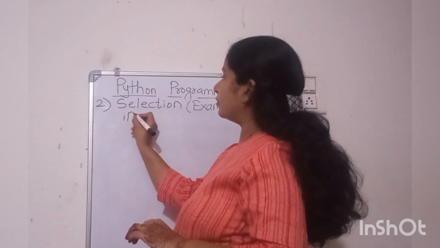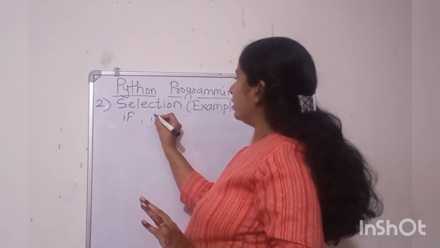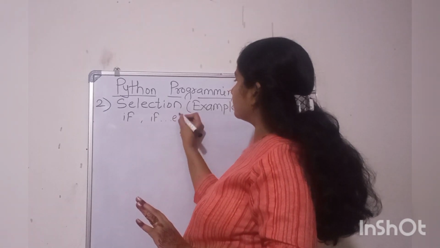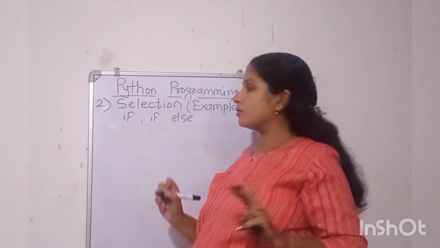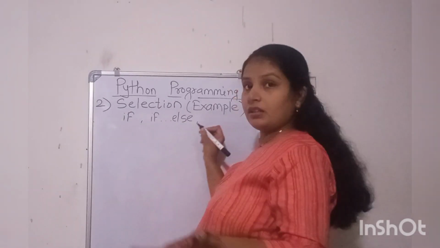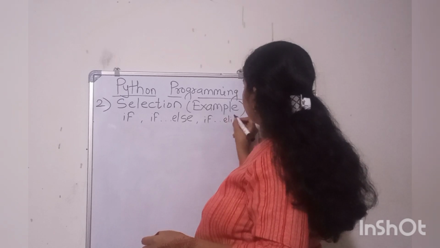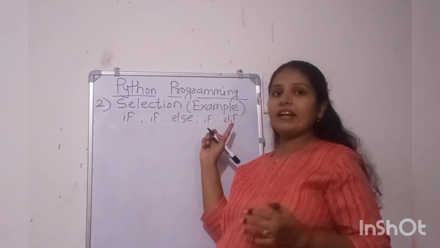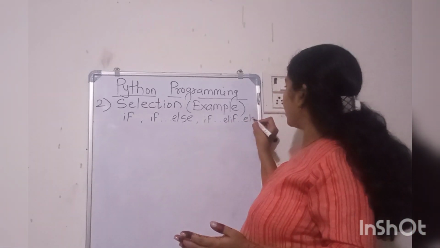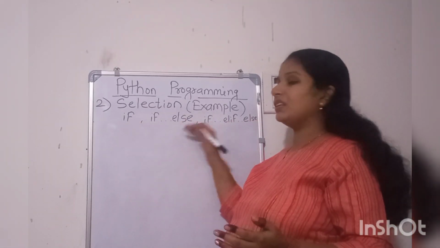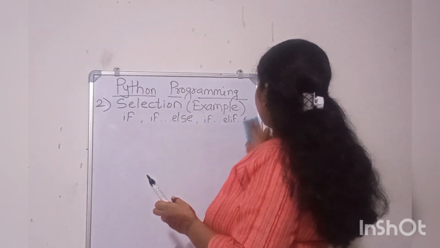First is if, only if, then if else, when we have two conditions, and another one is if, elif. You can take elif conditions as many times as you want, and else, the last one. We are going to see these statements one by one. First, we are going to see the if condition.